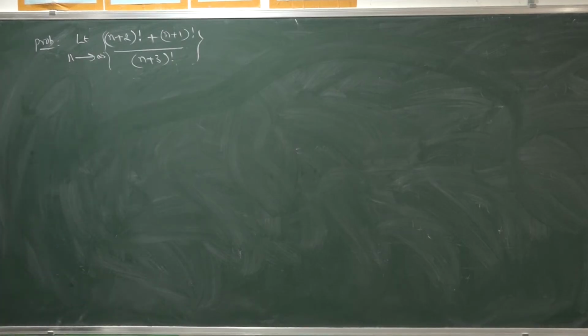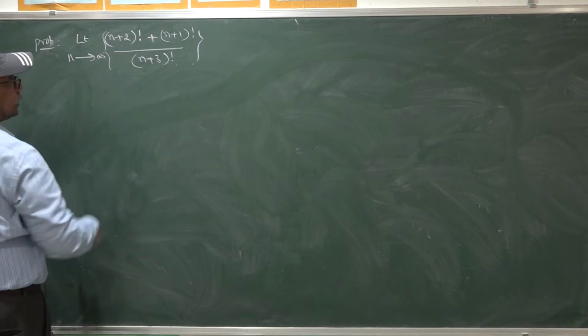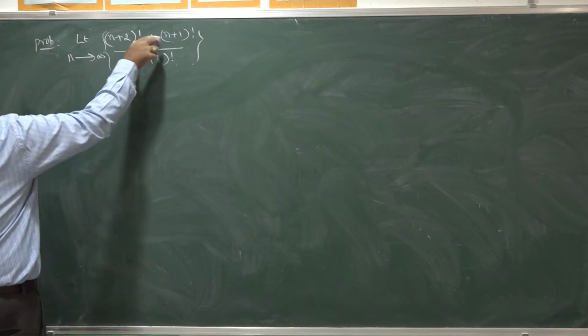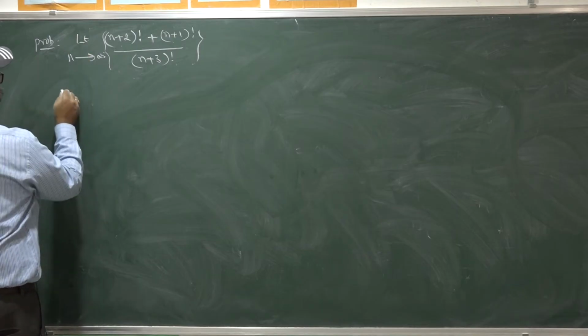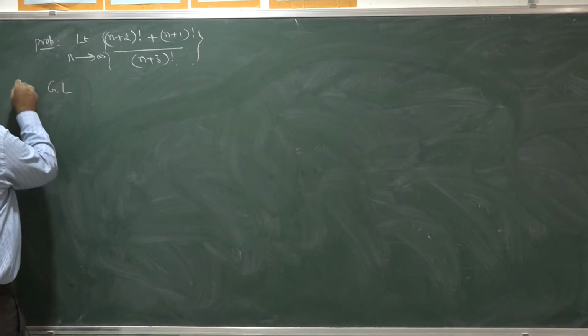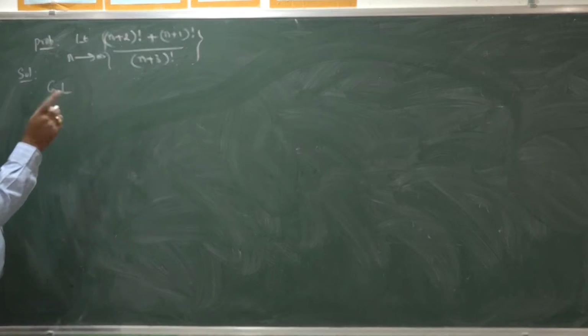So to reduce the given function as a function of 1 by n form, out of these two factorials, you can take (n plus 1) factorial as common, because in this factorial you have one more factor, namely n plus 2.